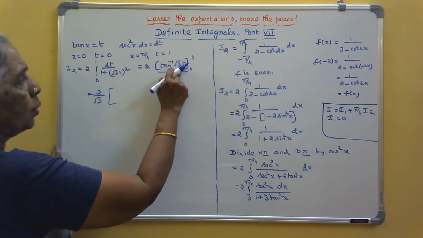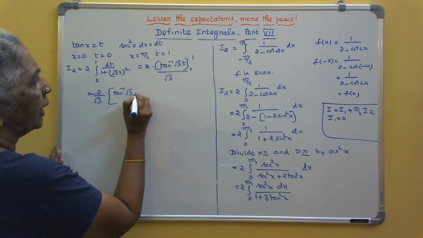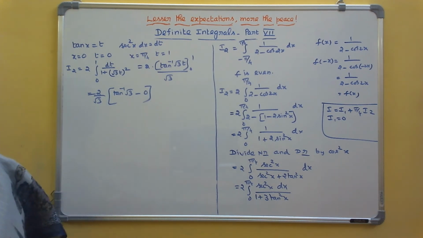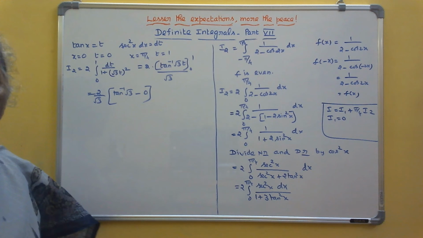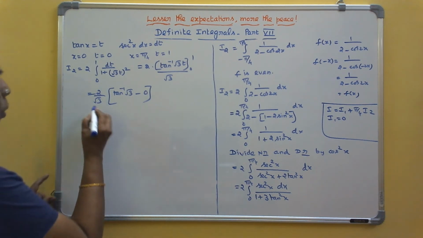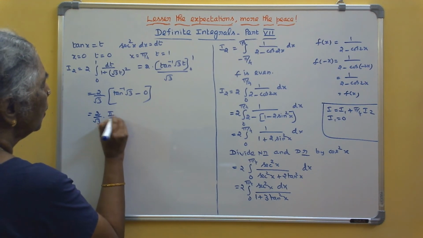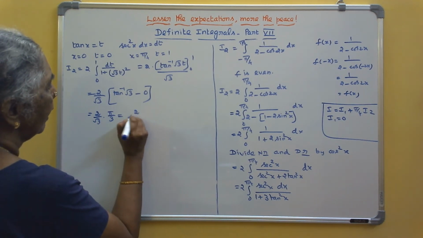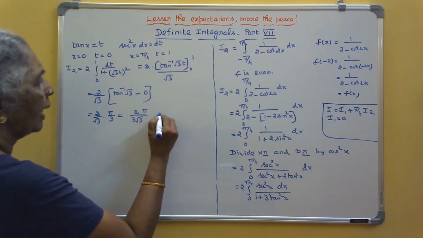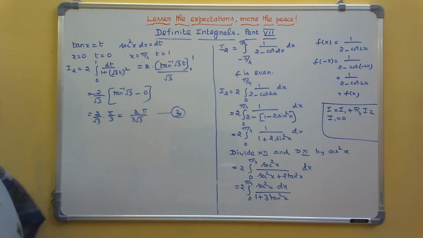So when I substitute 1, I will be getting tan inverse root 3 minus tan inverse 0, that will become 0, right? So now what is tan inverse root 3? That is pi by 3. So you will get 2 by root 3 into pi by 3, or I can write 2 pi by 3 root 3. This is the answer for I2.